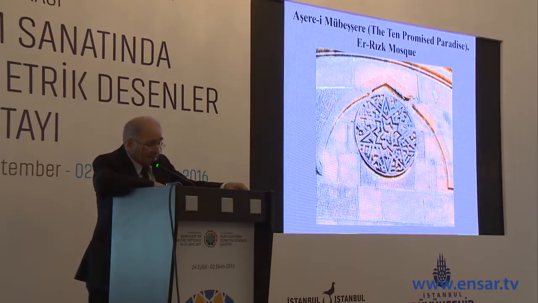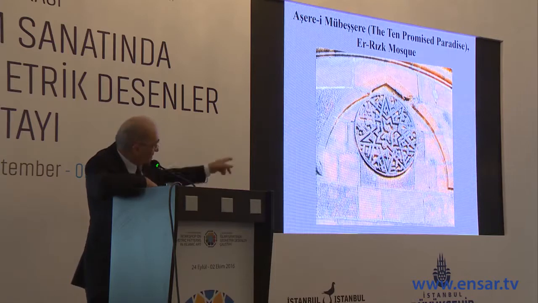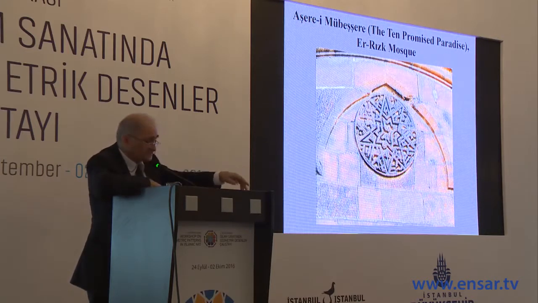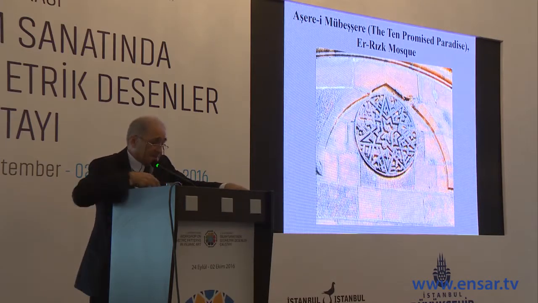Muhammad's name was placed into the center of a 10-pointed star, which was made with names of Ashara-i Mubashshara, the 10 promised paradise, in the rosette on the minaret of Al-Rizq Mosque in Hasan Cave. You can see Muhammad in the center of the 10-pointed star.